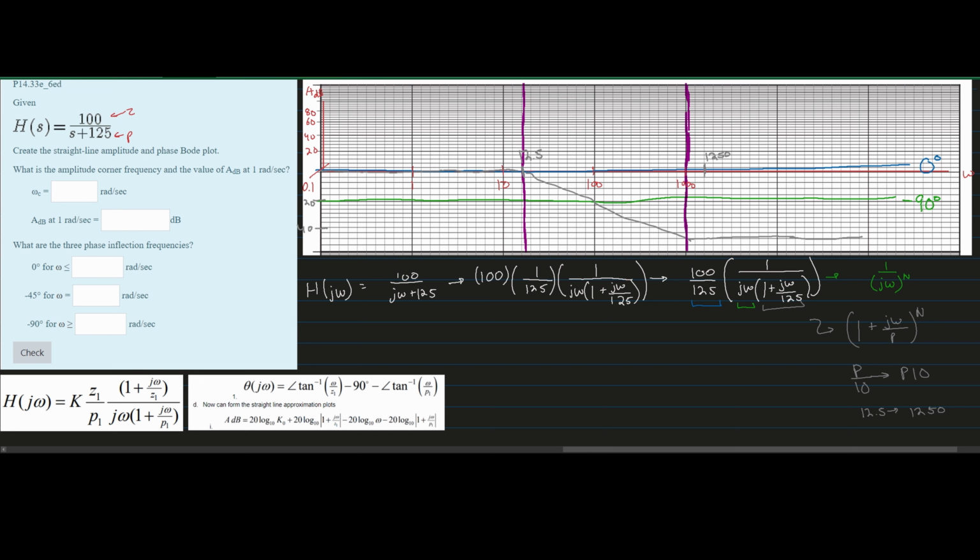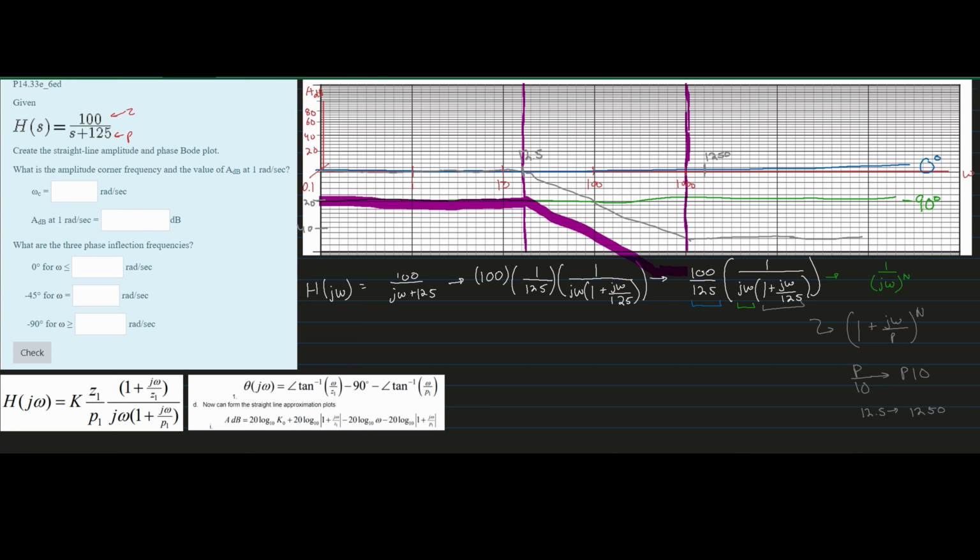So what are the 3 phase inflection frequencies? Well, we have 0 degrees for when omega is less than what? Well, let's actually fill this out a little bit. So when we look at this whole part right here, we can see that our graph is going to be starting like this. Now, when we look at this part, we see that we have one slope. We only have one slope of 45 degrees, and it's a negative 45 degrees. So this is going to be down negative 45 degrees, and then it's going to go on to be 0 degrees.